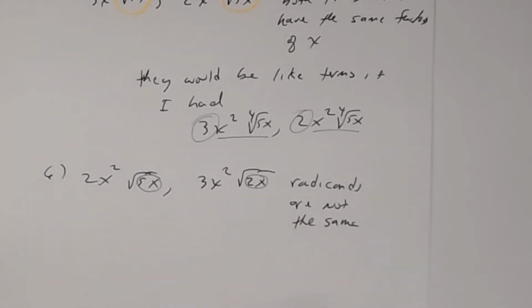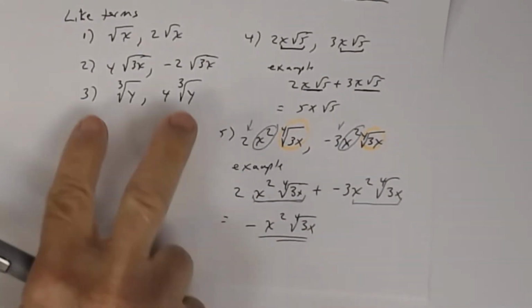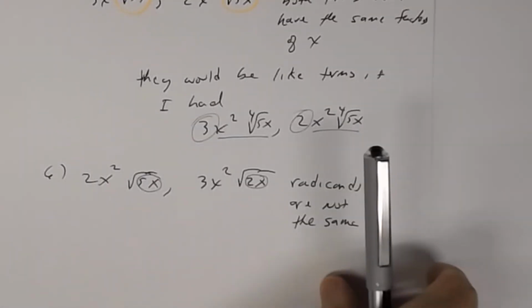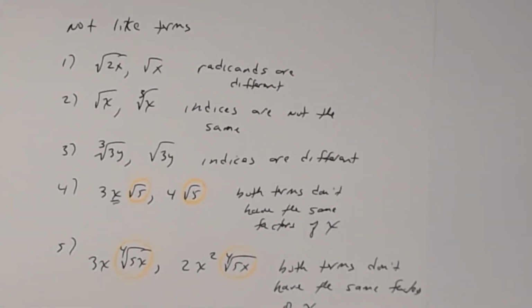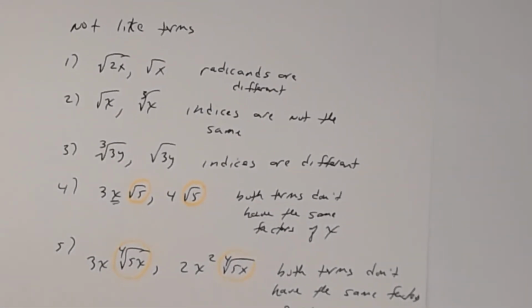Okay. Now we know what like terms are, and we know what terms that are not like terms look like. Now let's do some examples.